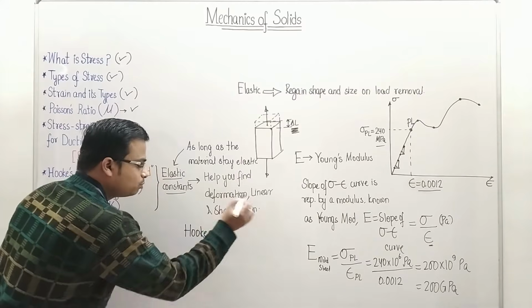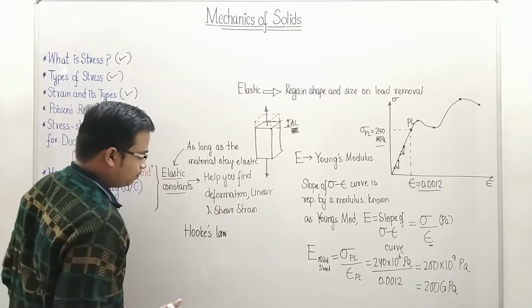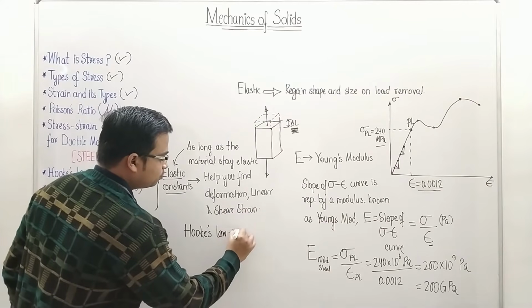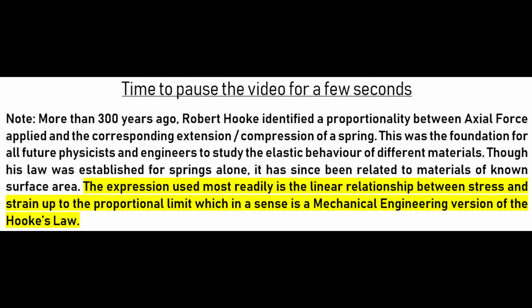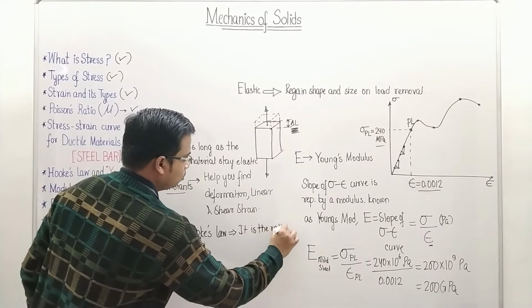The definition of Young's modulus is actually Hooke's law. It is the ratio of stress to strain. Simply, it is the ratio of stress to strain.